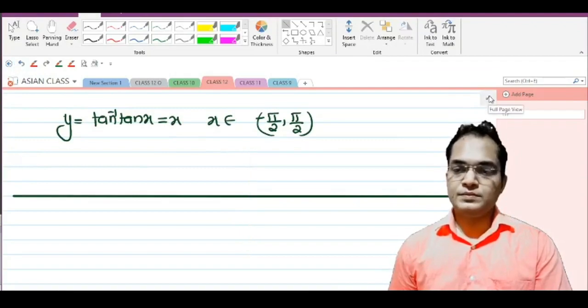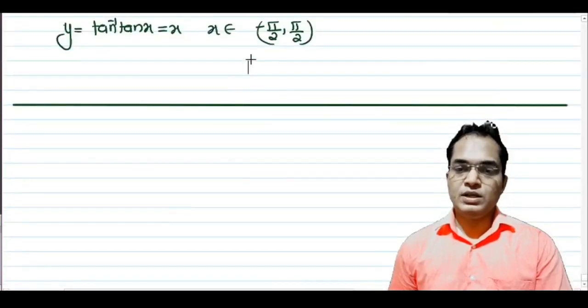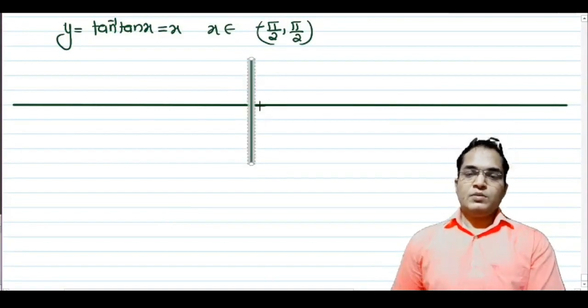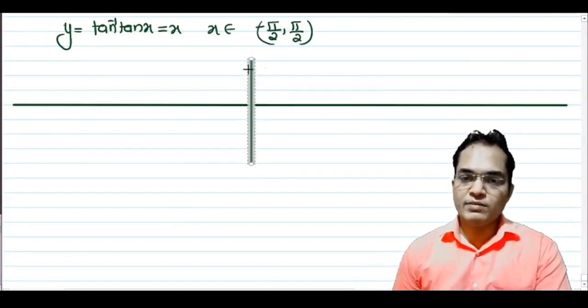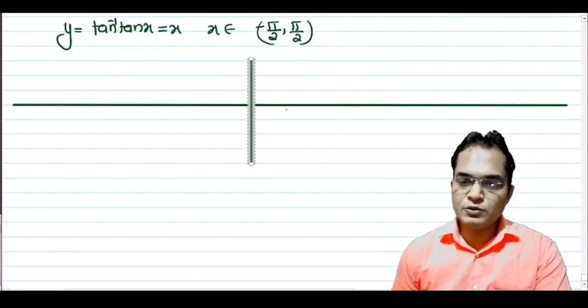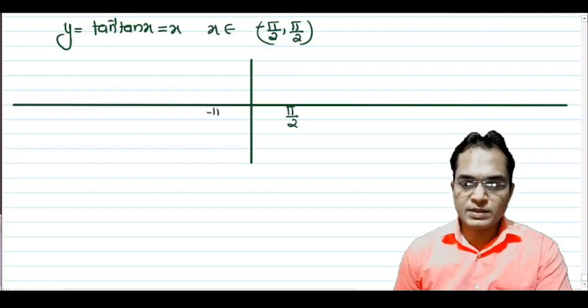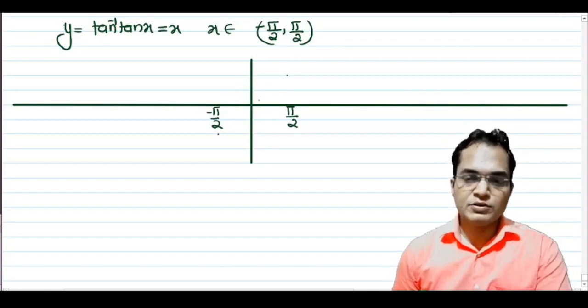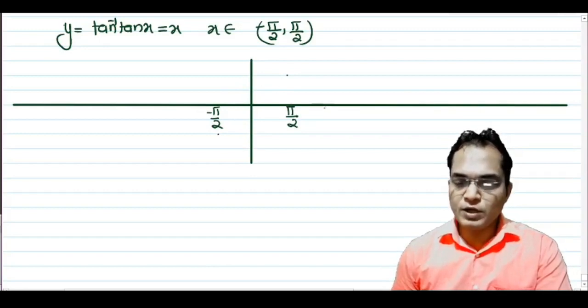Now I want to draw only the y-axis, because as we see there is an open interval, that's why there is no upper limit. Then what is the nature of the graph? From minus pi by 2 to pi by 2, here is pi by 2, here is minus pi by 2. The graph will be the line y equals x. Suppose it is the upper end, it is the lower end, and here the line y equals x comes. Then again it is the point pi.